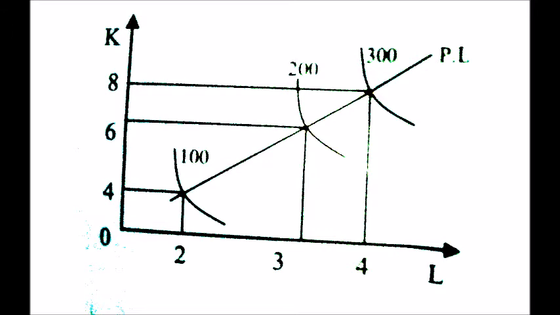Again, when K and L are increased by 33%, K is 6 to 8 and L is 3 to 4. Output increases by a greater percentage, that is 50%, from 200 to 300 units. Since the percentage increase in output is greater than the percentage increase in scale, the firm experiences increasing returns to scale.